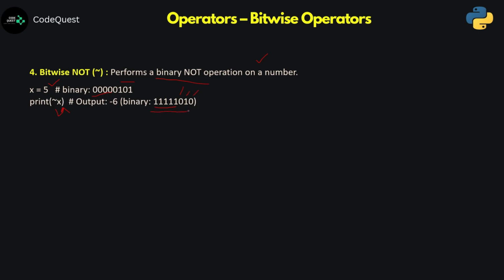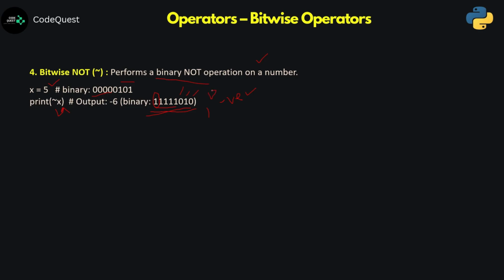Now in this binary number, as we see, the leftmost bit is 1, hence this number is treated as a negative number. The leftmost bit is usually utilized to decide whether the number is positive or negative. If it is 1, then it is a negative number.